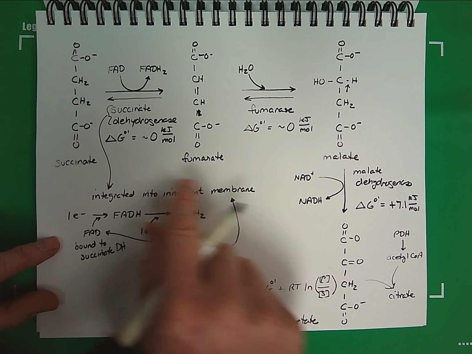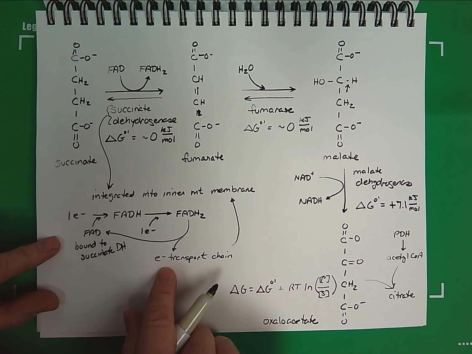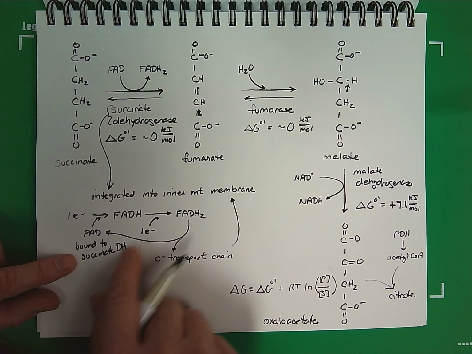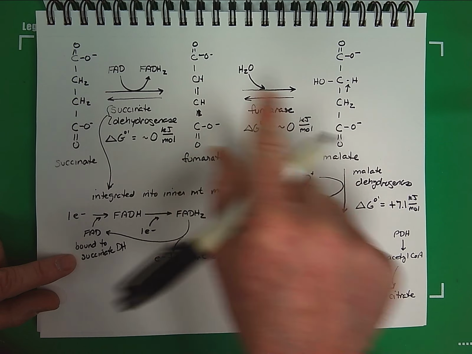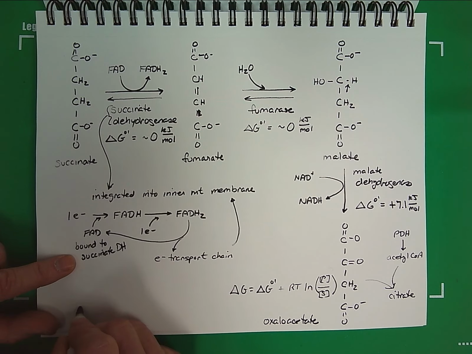So this is the only unique enzyme in this manner of the TCA cycle. Succinate dehydrogenase is embedded in the inner mitochondrial membrane, whereas all the other enzymes are located in the mitochondrial matrix.